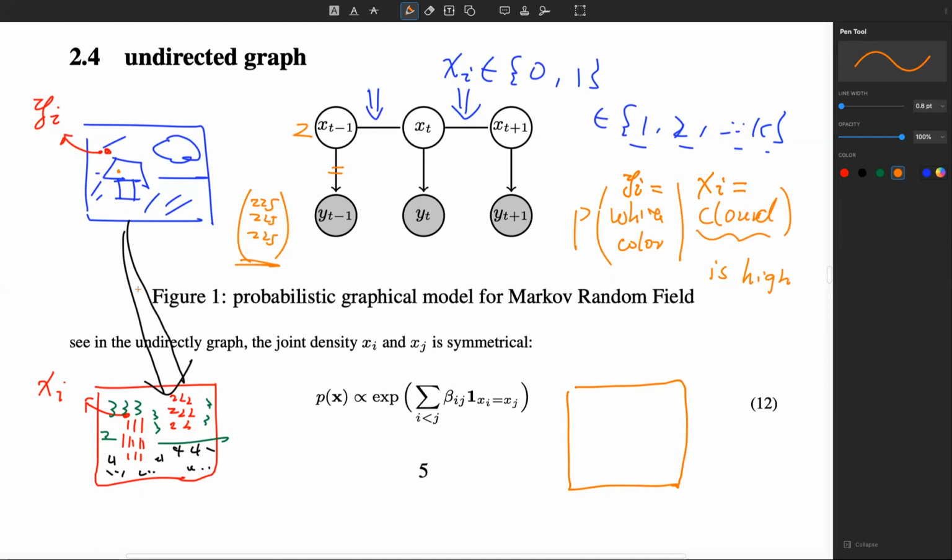So when you are looking at this particular pixel here, you have two choices. Whether you have this energy to say it should belong to the same cluster as its neighbor, right? So this energy tells you the neighborhood pixels should belong to the same segment.